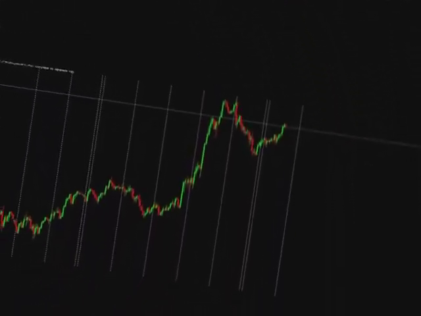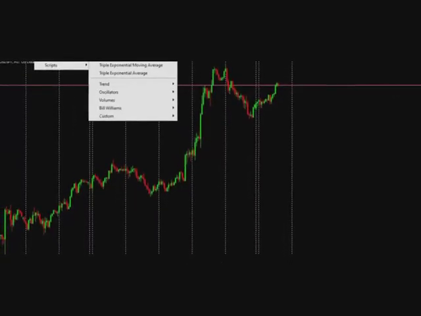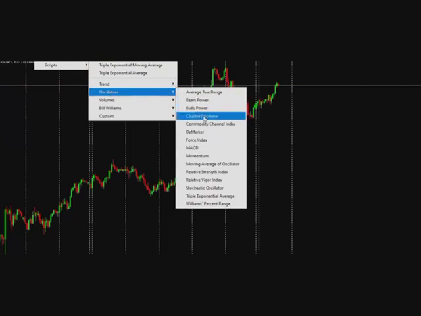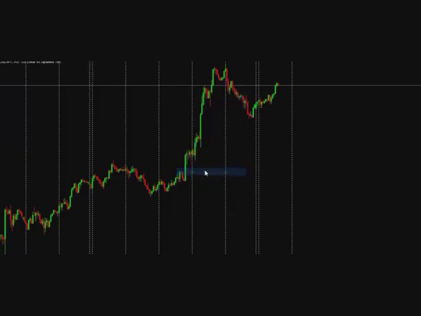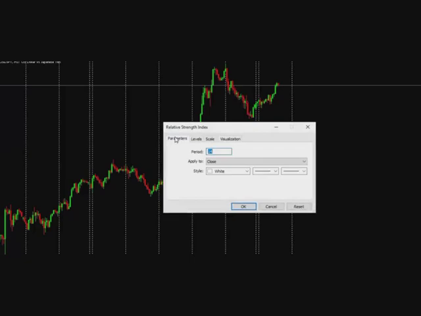Now let's add our indicators. On your MetaTrader 5 screen, you move over to the Insert tab, click on Indicators, move over to Oscillators, and then you see your Relative Strength Index. Click on it and you can change the parameters to 14 period, apply to close, and maybe use a white color.